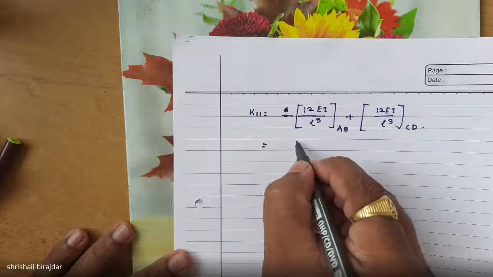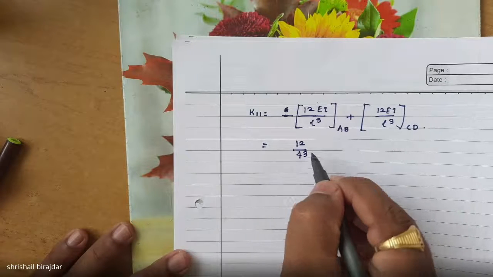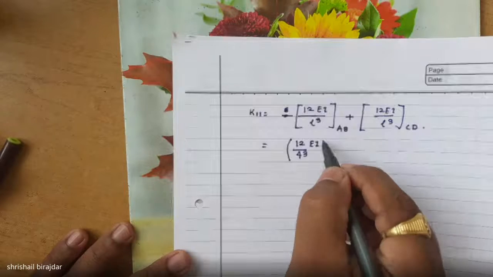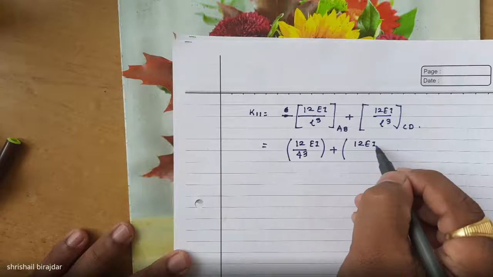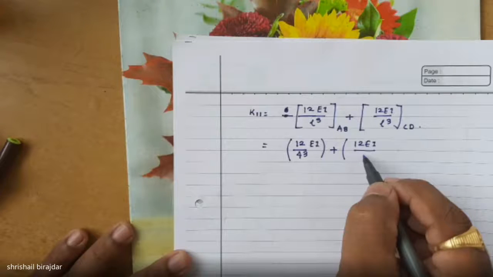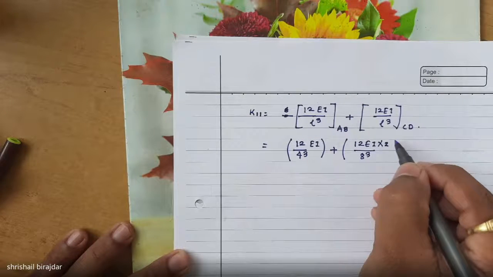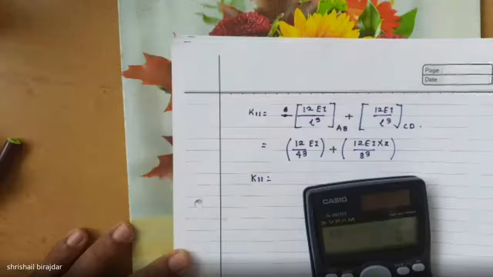Simple way: 12 divided by how much? L is equal to 4 cube, EI here is 1I, so you just write it down here. And here 12 EI divided by L cube, 8 cube, EI here 2I, you just multiply with this, divided by 4 cube.